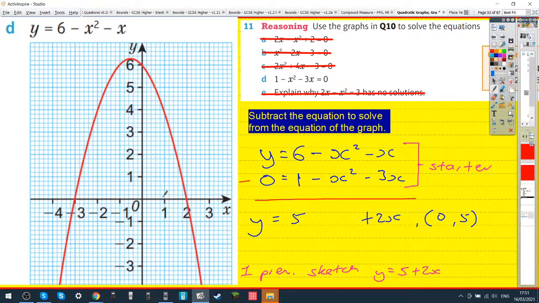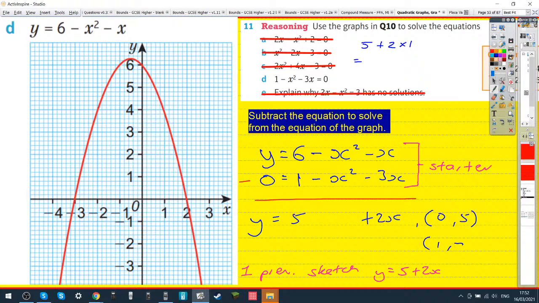Let's say, what is 5 plus 2 times 1? 5 plus 2 times 1 is 7. Yep.